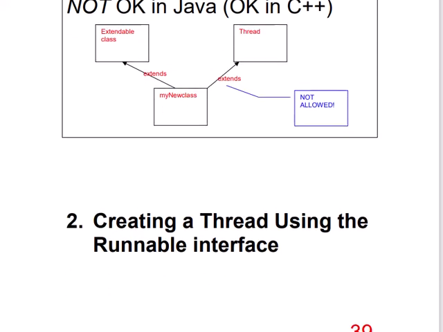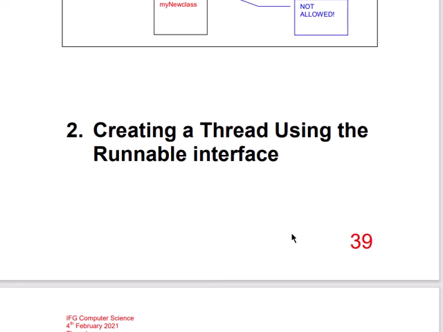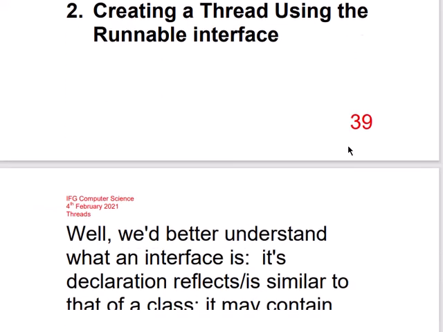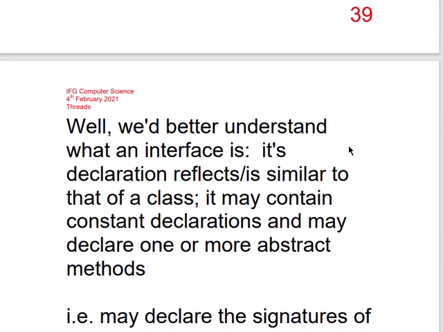So what we have to do in that case is create a thread using what I described as the Runnable interface. Let's understand what an interface is. Its declaration is very similar to declaring a class, and it might contain constant declarations.